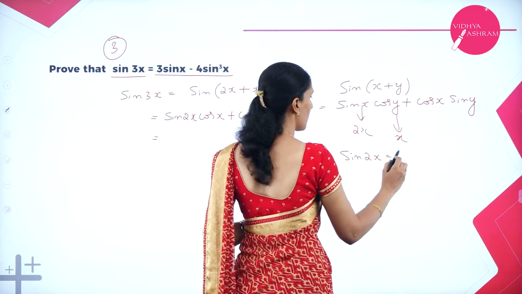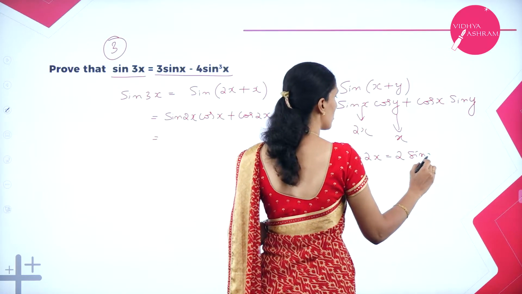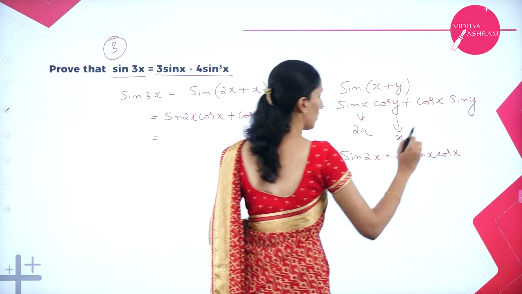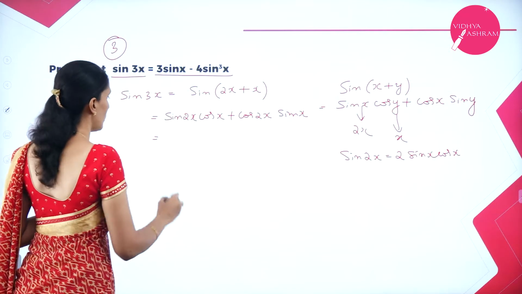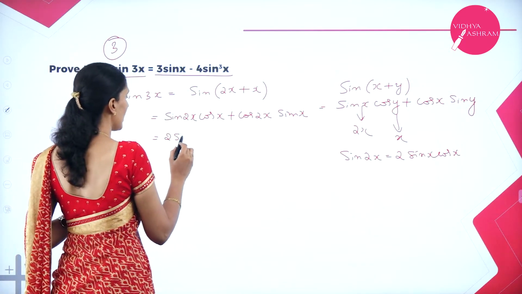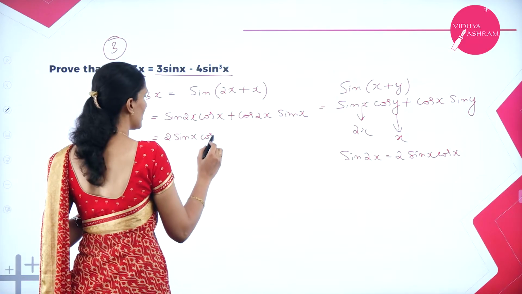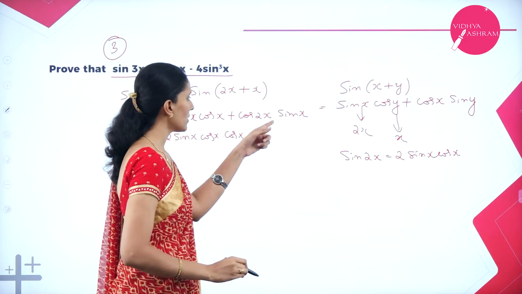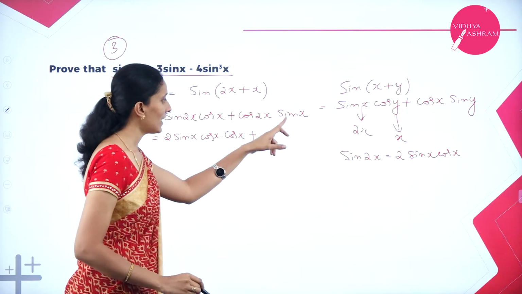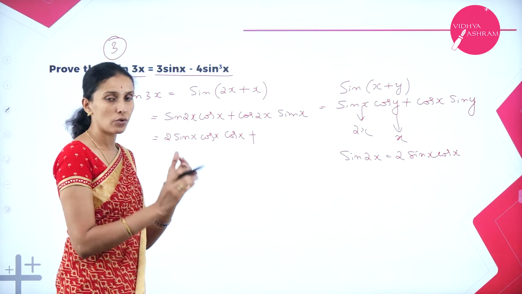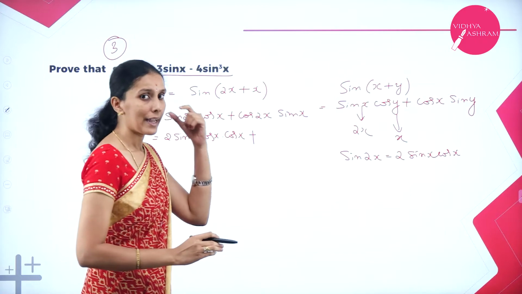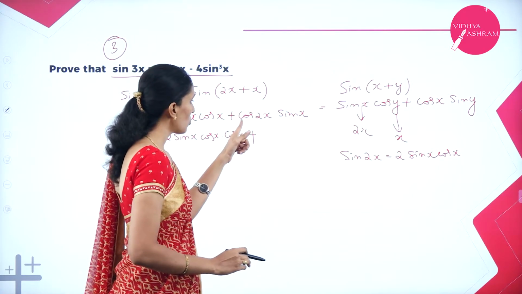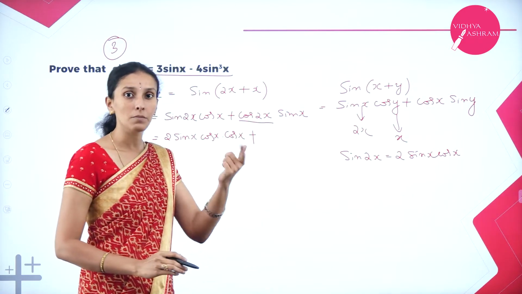It is 2 sin x cos x, which we have proved earlier. So, 2 sin x cos x into one more cos x we have here. Again, what is cos 2x? Now I said you have sin x here. For cos 2x, we have 4 identities. Of these 4 identities, you choose the cos 2x formula in terms of sine.